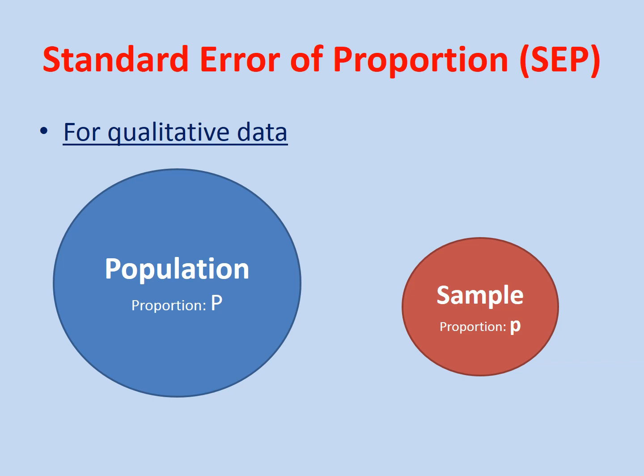Suppose we want to estimate the persons with hypertension in Loni town, and the total population of Loni town is 10,000. If we want to estimate how many persons in Loni town have hypertension, we cannot do blood pressure measurement in all 10,000 people.